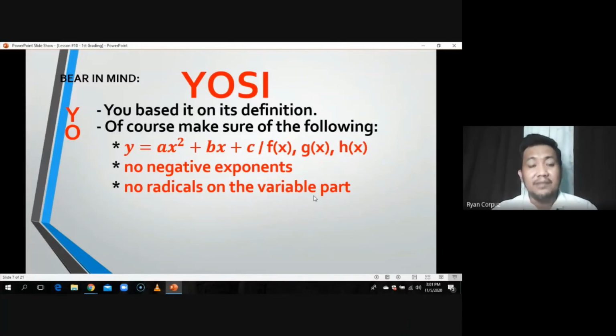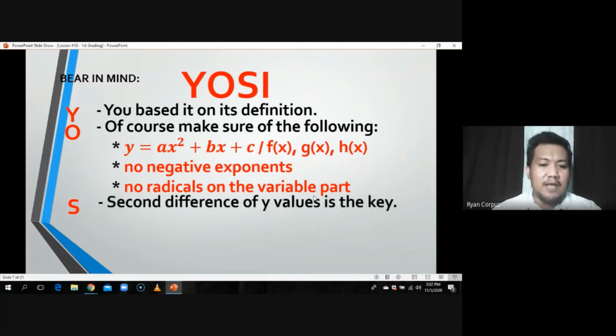Now, that is if the given is an equation. So what if the given is a table of values? How are we going to identify or determine if that table of values is showing a quadratic function or not? So, it says here, S stands for second difference of y values is the key.